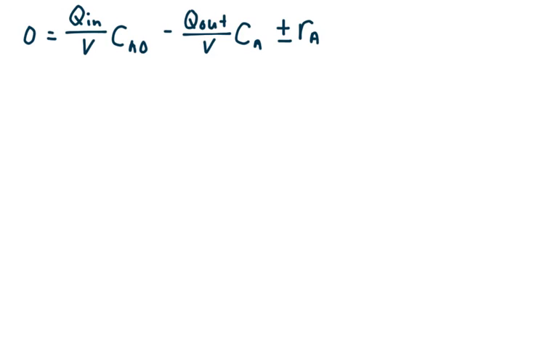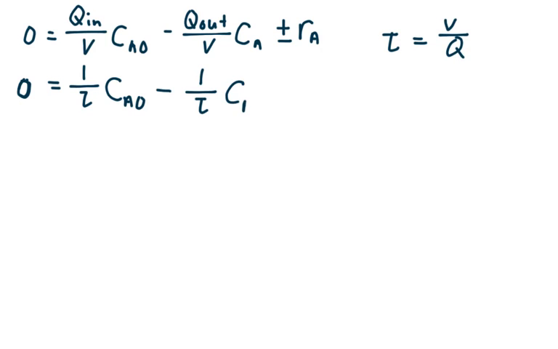So with this, I can then solve because my tau value or the residence time is equal to V over Q. Therefore, Q over V will give me 1 over tau. CA0 minus Q in equals to Q out, so 1 over tau CA.